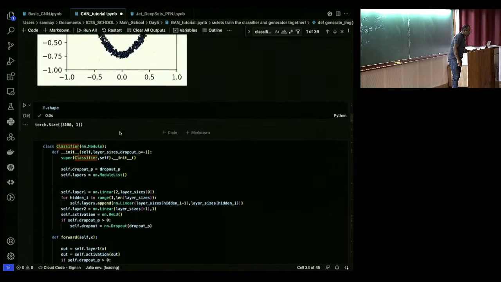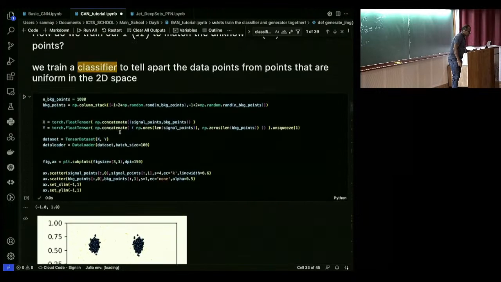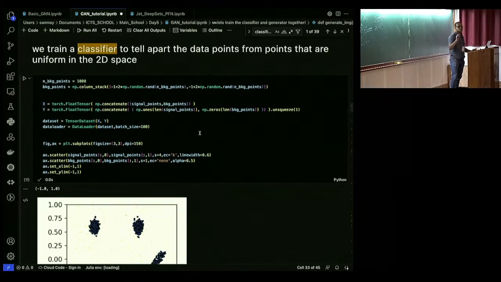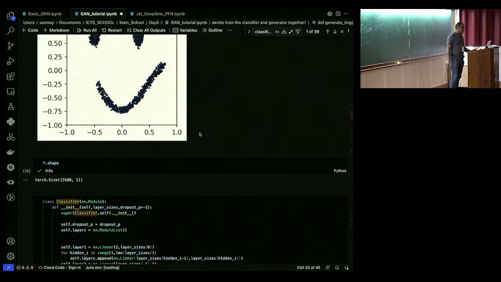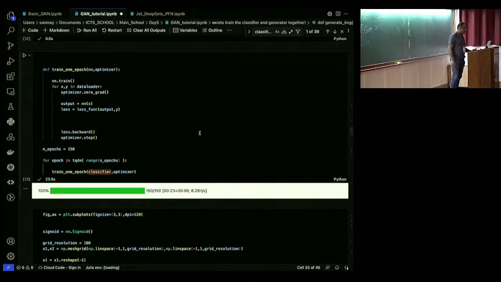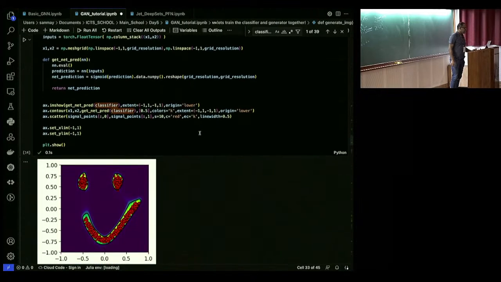I wanted to make a point. So here you see how we created the labels. That was important. When we had all these points, the signal points were labeled 1, the background points were labeled 0. And so the discriminator was trained with the right truth labeling so that it knows which one is correct.